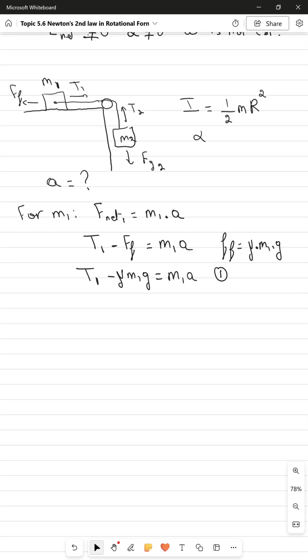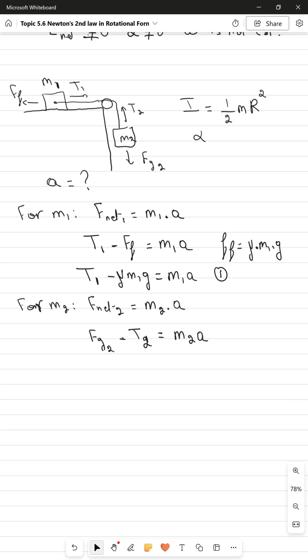Then we are going to do it for m2. Again, F net 2 is going to be equal to m2 times a. So we have Fg2 minus T2 equals m2 a.